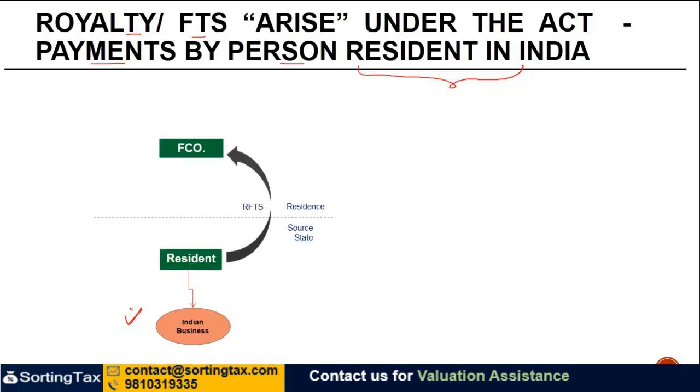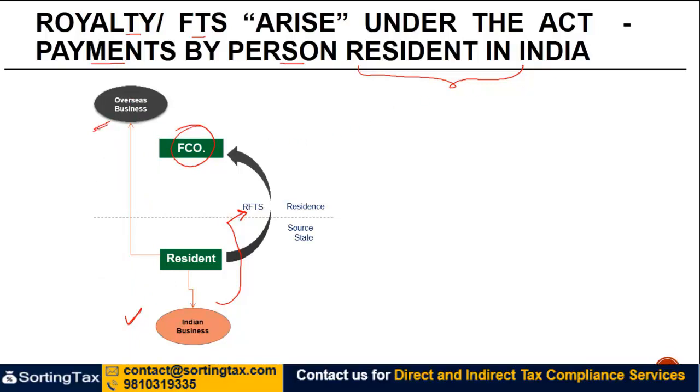For this business, he makes a payment of royalty or FTS to a non-resident. Second could be he has an overseas business and the payment for royalty or FTS is made in respect of this business overseas.